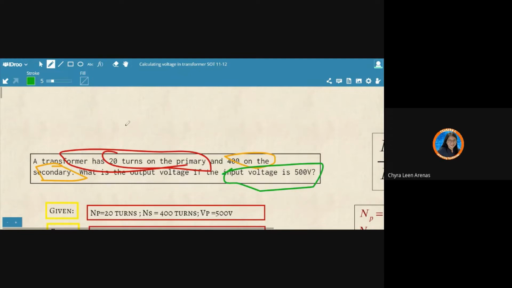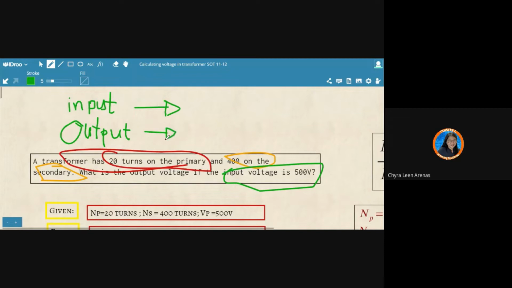So if you encounter the word input, automatically that will become the primary. Because when we are talking about input, it means the electricity, the current, the voltage, or the number of turns will just go in. It will go inside, or go on that specific part. But if you see the word output, that will become the secondary.